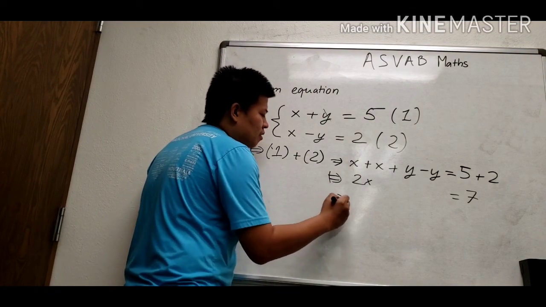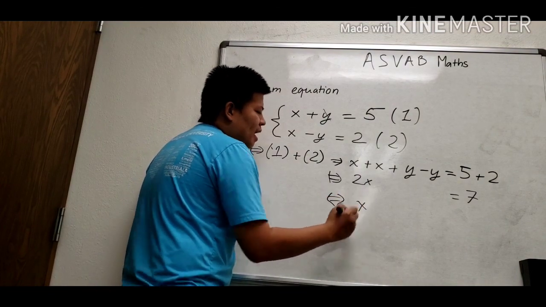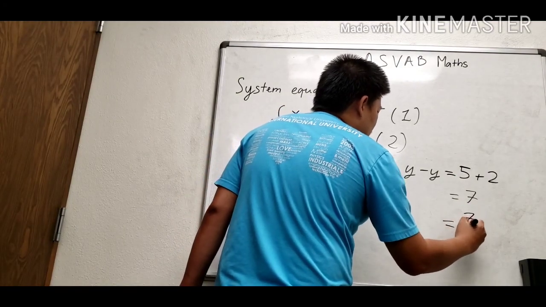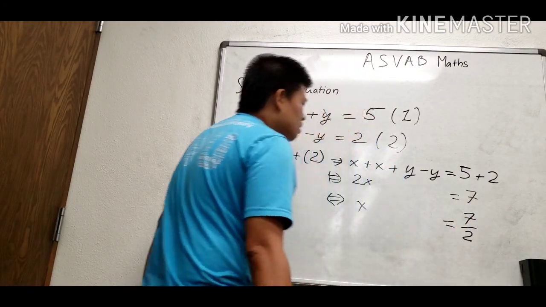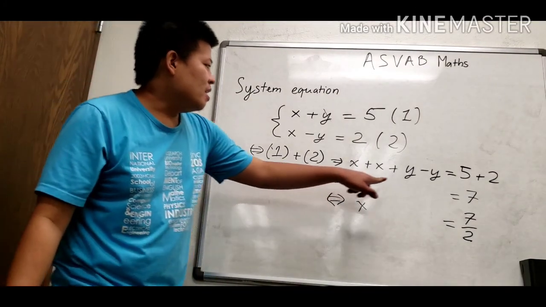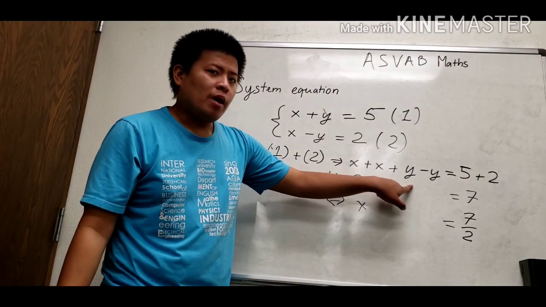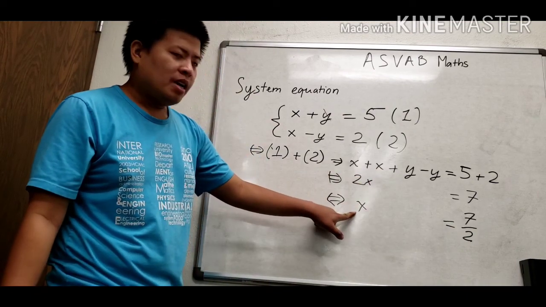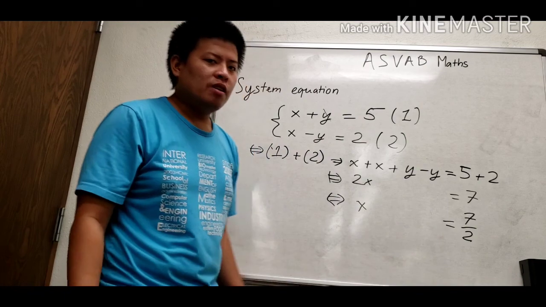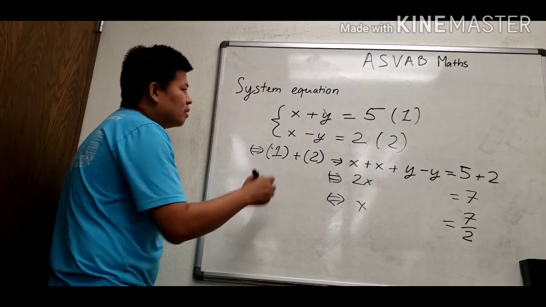And in here, x equal to 7 divided by 2. After we calculate like this, you can eliminate one variable, so we can calculate one variable. So we got x equal to 7 divided by 2.